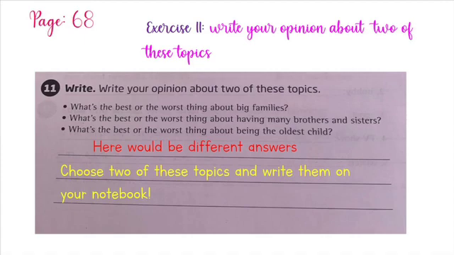What's the best or the worst thing about having many brothers and sisters? And what's the best or the worst thing about being the oldest child? Okay, on this exercise, there will be different answers. So please choose two of these topics and write them on your notebook.